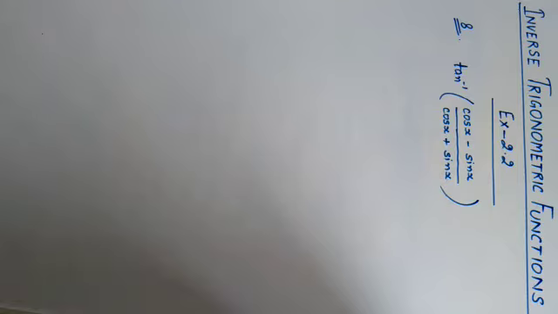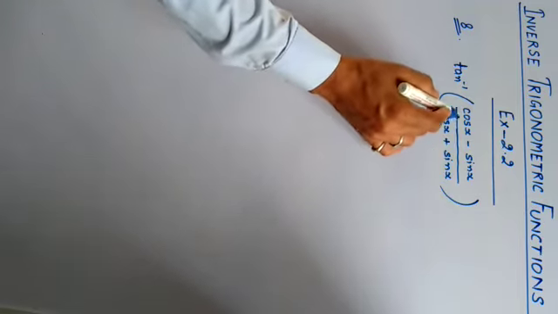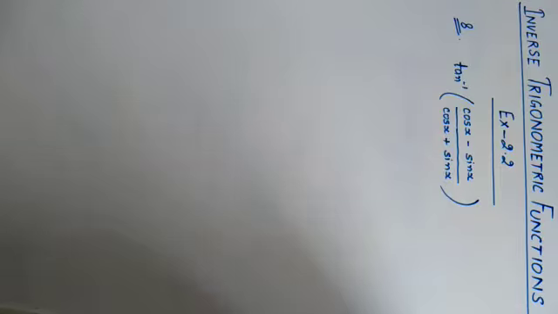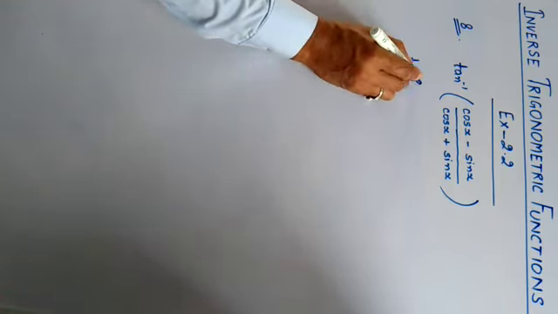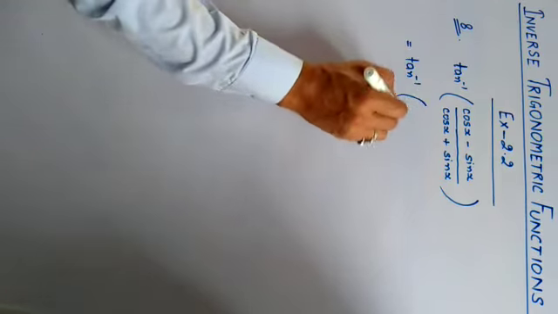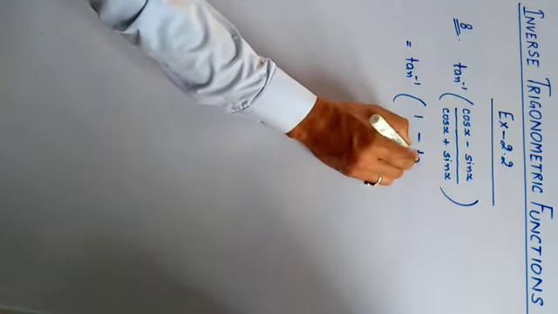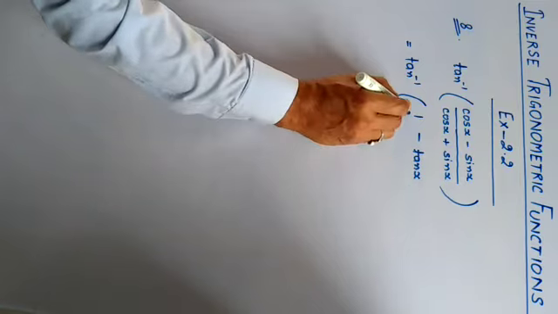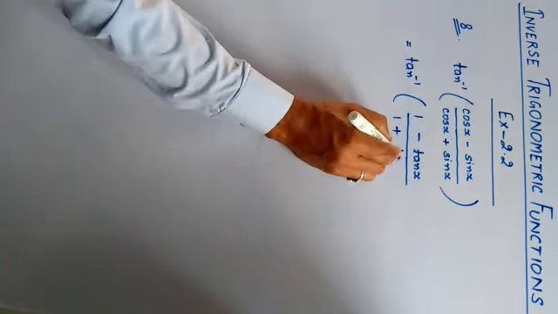Question number 8. Again we have to write it in simplest form. So there are 4 terms in the bracket. If we divide each term by cos x, we will get tan inverse of 1 minus sin x upon cos x, which is tan x, upon 1 plus tan x.